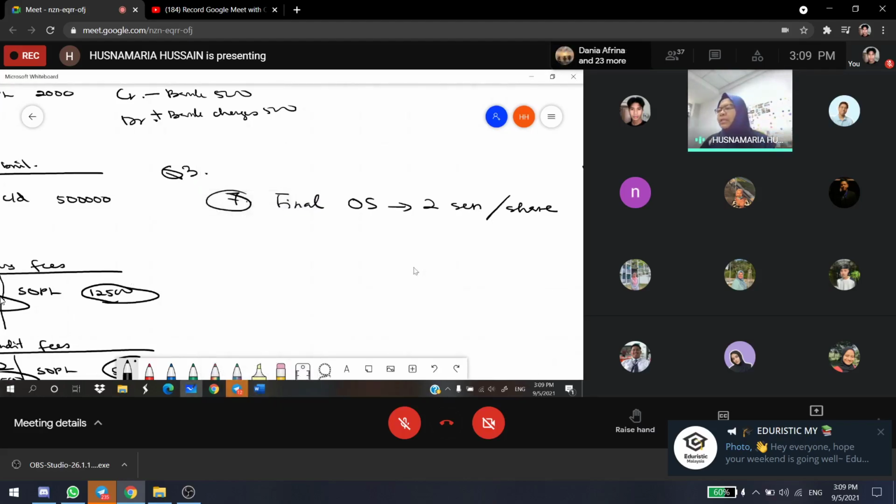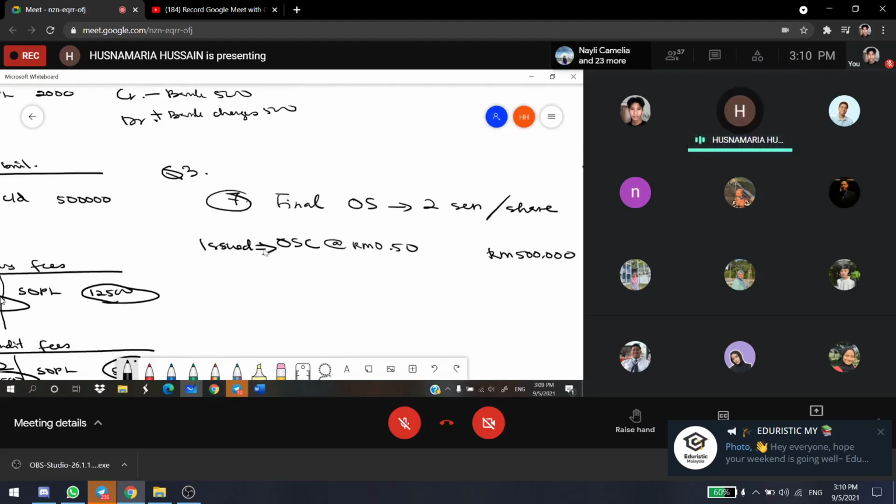In the list, dia kata ordinary share capital at 50 cents, amount 500,000. So ini yang issued ni, in the list, meaning issued share.